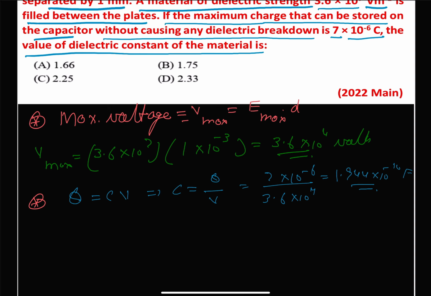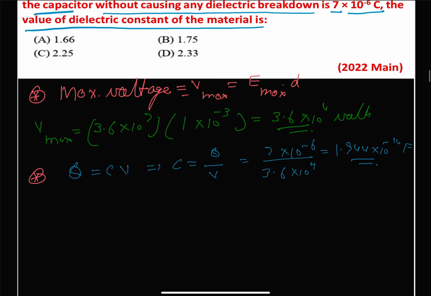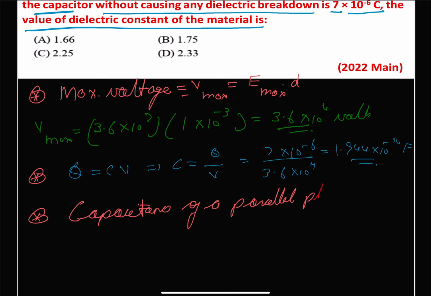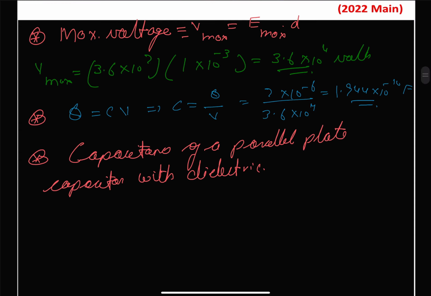And with dielectric, we know the formula, so we can say the capacitance of a parallel plate capacitor with dielectric, if that is given as C, will be equal to K times epsilon naught A divided by d.